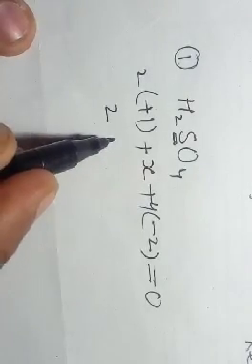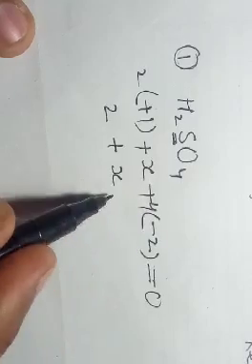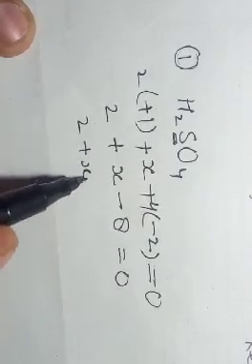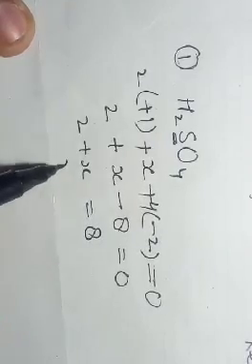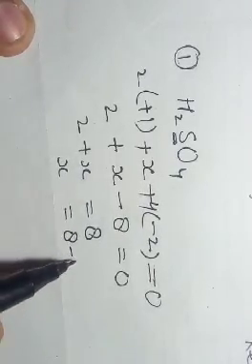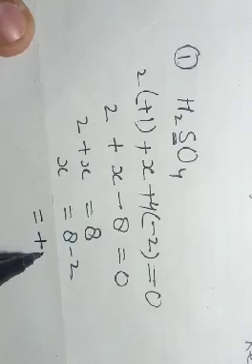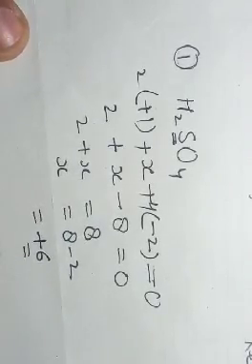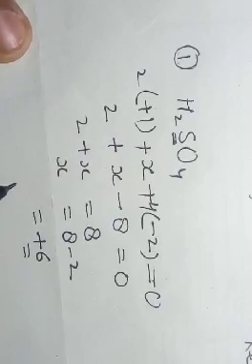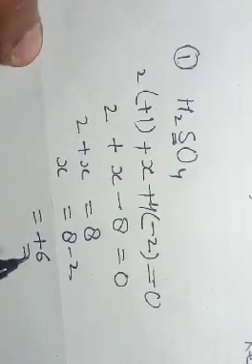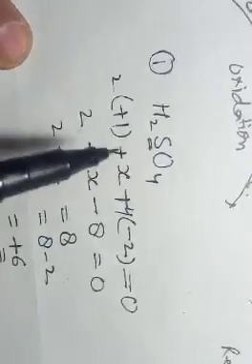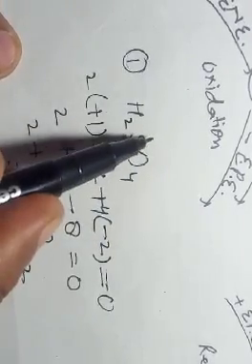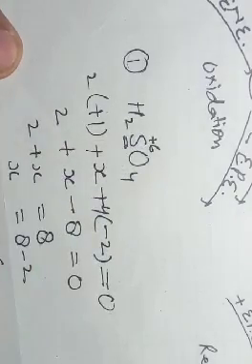Now 2 plus x minus 8 equals 0, which means x equals 8 minus 2, equals +6. So this +6 is the oxidation state of sulfur here. Always keep in mind that we show the oxidation state above the particular atom towards the right-hand side with the sign, +6.